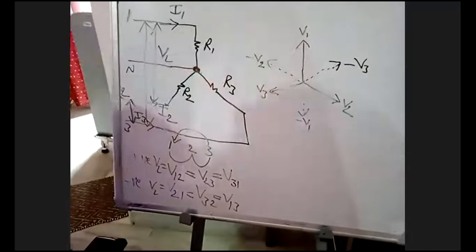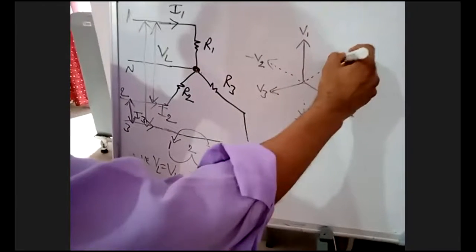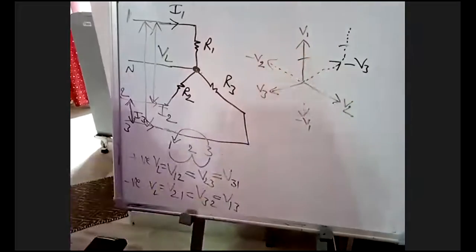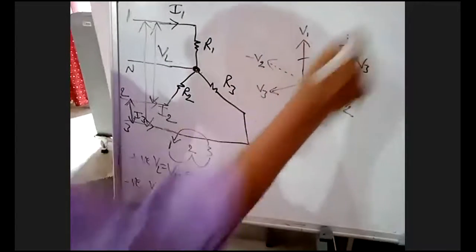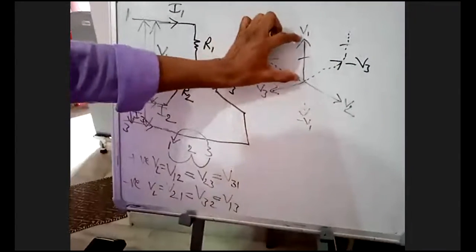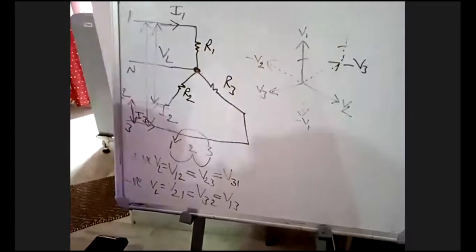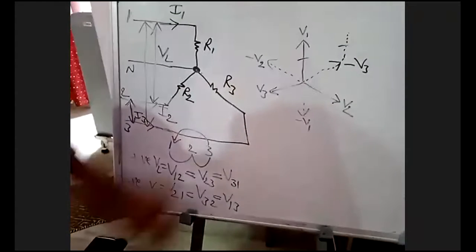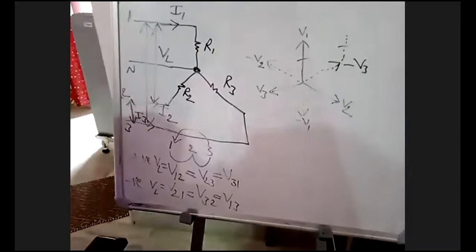For V1, I'll take the parallel line from minus V3. So these two are the parallel lines. If it is 3 centimeters, take 3 centimeters from minus V3.